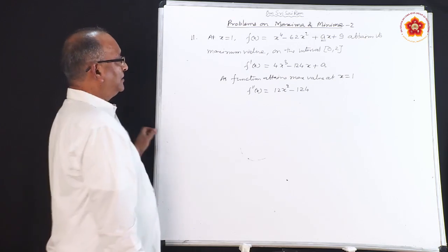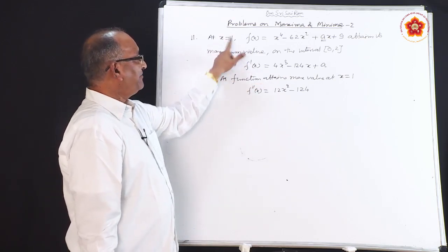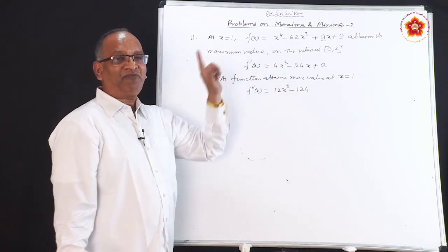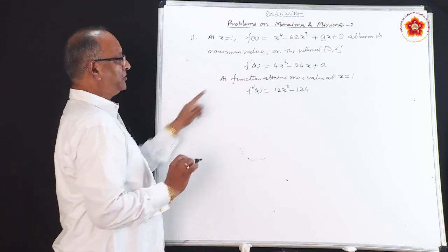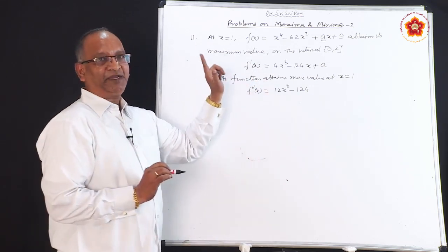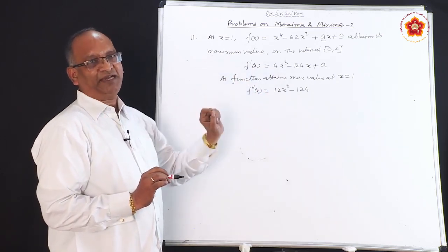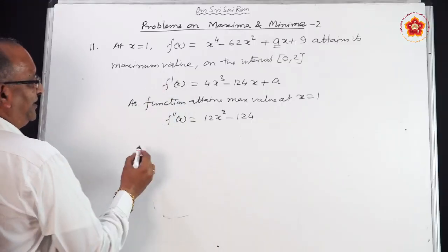Okay? And we know that by taking the value x equal to 1, at that particular point the first derivative should be 0. So, either way you can do, either by using first derivative you can solve the problem, or you can also solve the problem with the help of second one. So, let us do it in a more simple way by first derivative method.